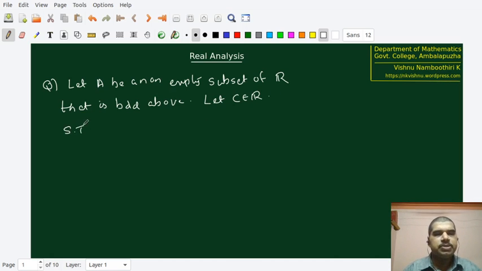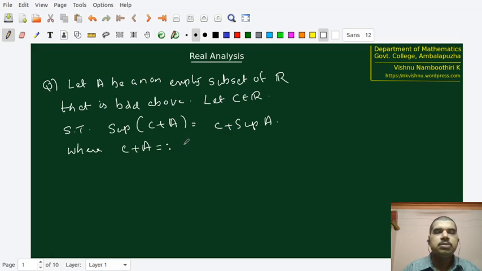The question is to show that supremum of C plus A equals C plus supremum of A, where C plus A, the set, is defined as the set of all C plus a, where a belongs to A.